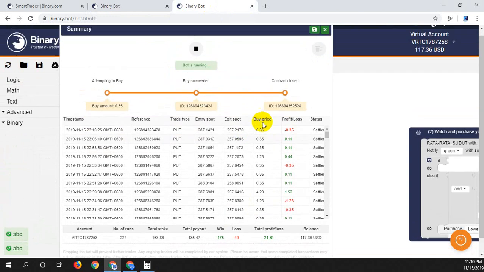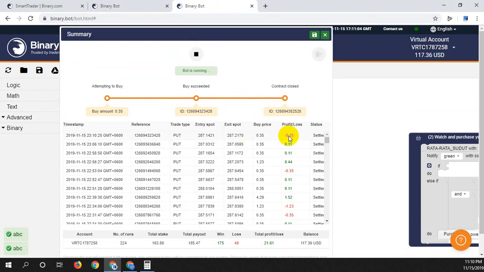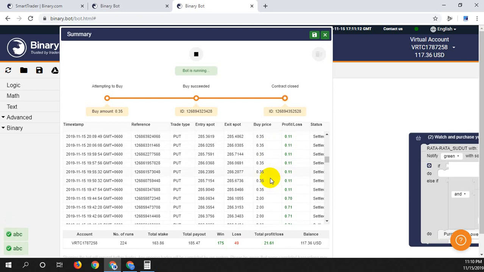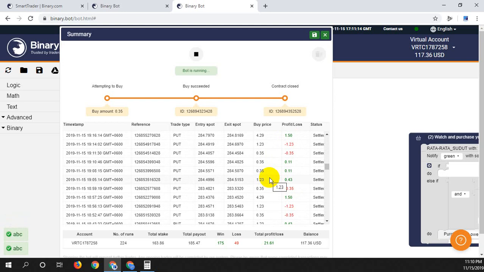Okay, now I will show the result. So here you can see just one loss, maximum 2 losses, then 1 1 1 1 2. So your balance needs just a total of 6.